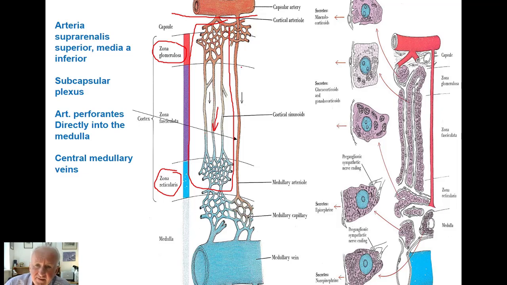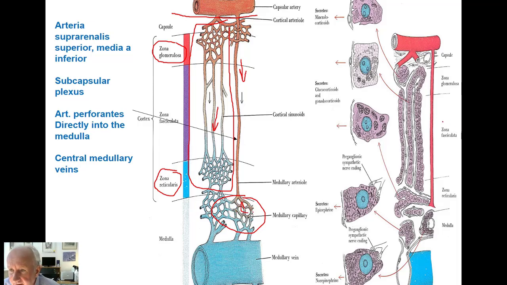And now the second system, which is seen on the side here, is a small arteriole which is running through the whole cortex and dividing into a capillary net in the medulla, as you see, till here. Here are capillaries.